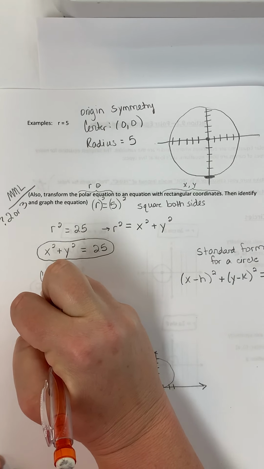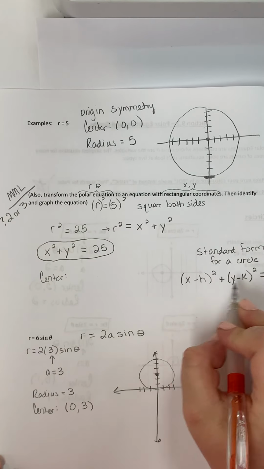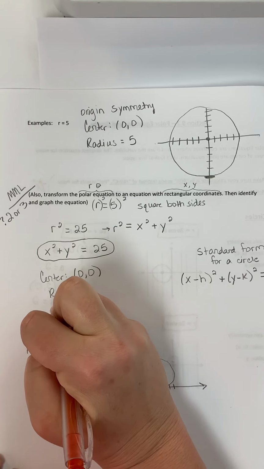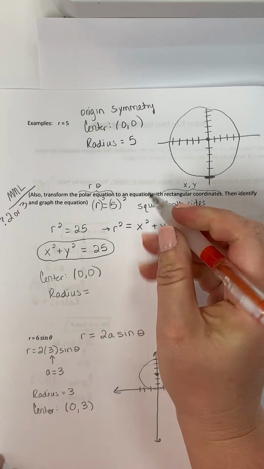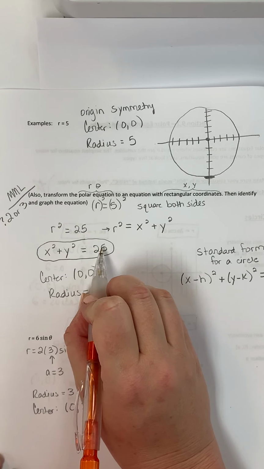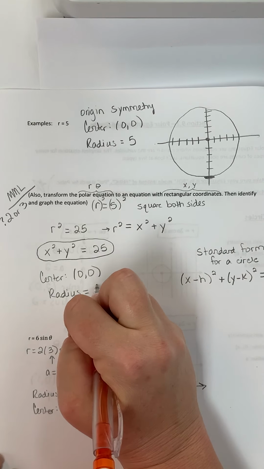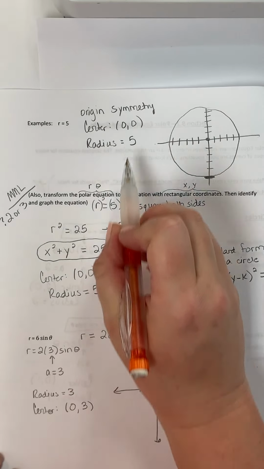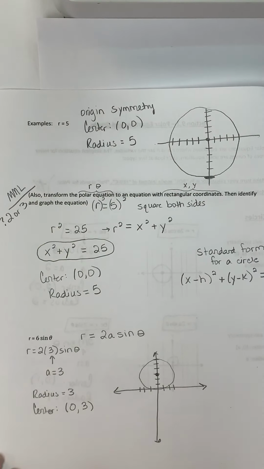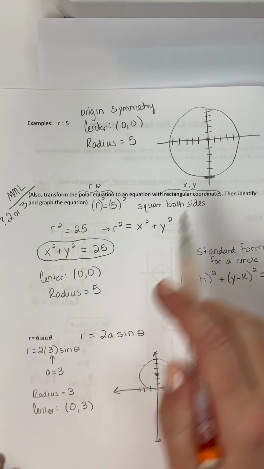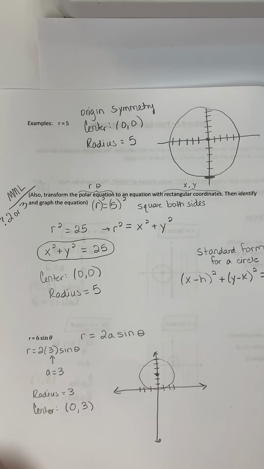That's because my center, which would normally be h and k, is at the origin. My radius, I take the square root of this other side because this is r squared. So if I take the square root, I get 5. And this is the same information that I came up with from the original polar equation. And I don't need to graph this because it's going to be the same graph, and I don't want it to actually look worse than it already does.